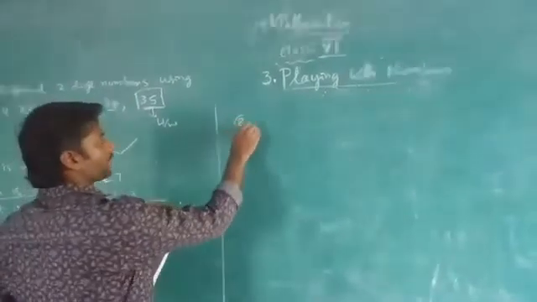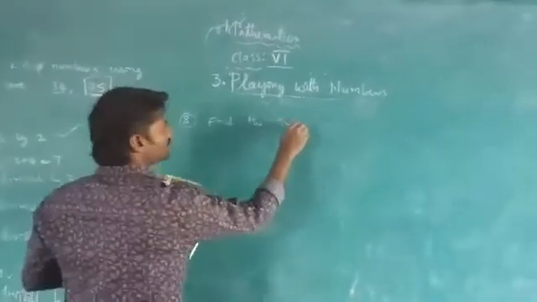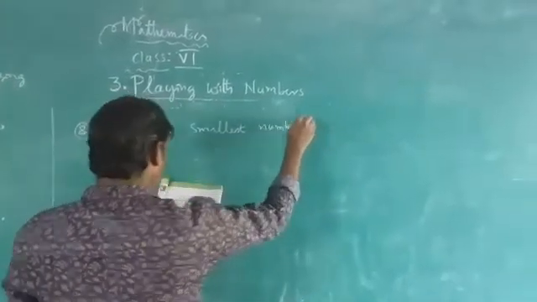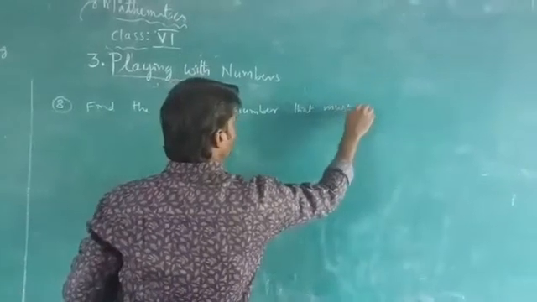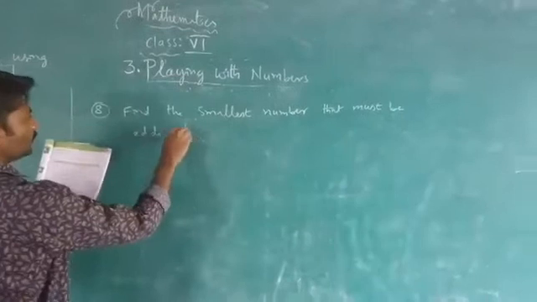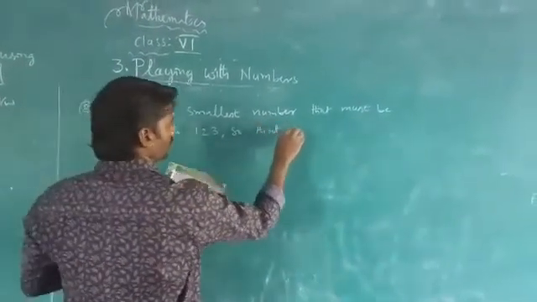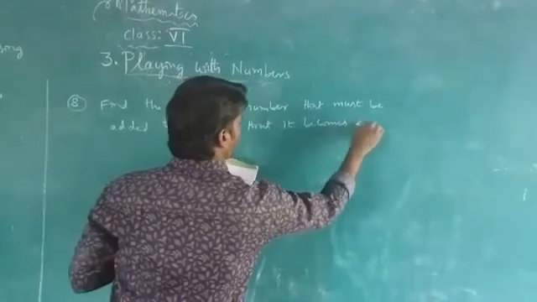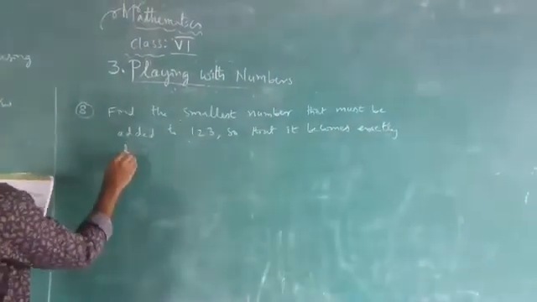8th question, children. Find the smallest number that must be added to 123 so that it becomes exactly divisible by 5.